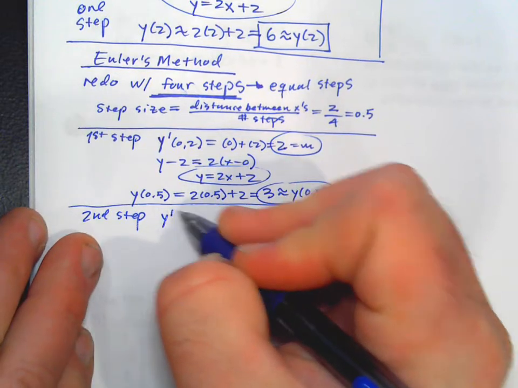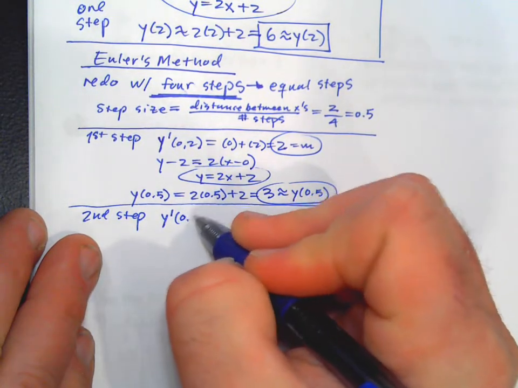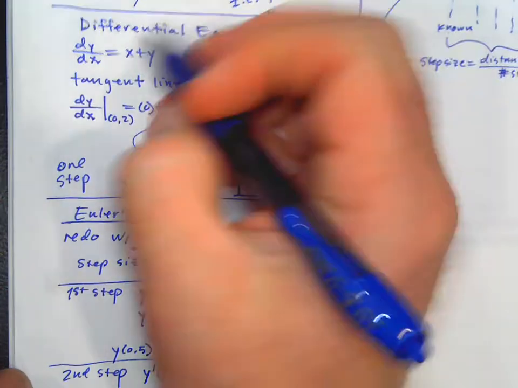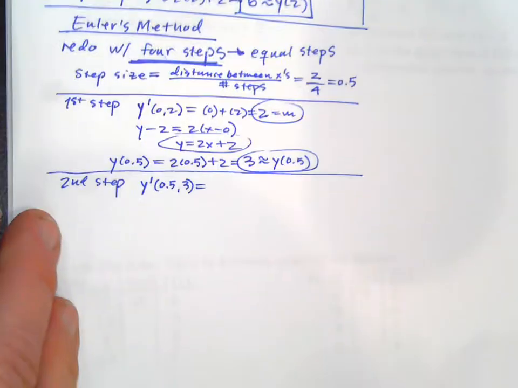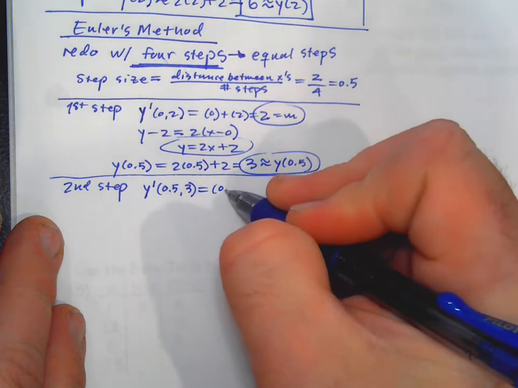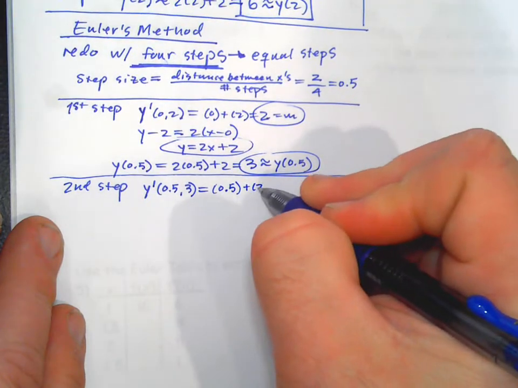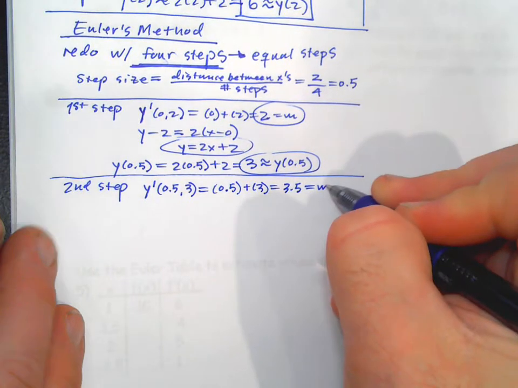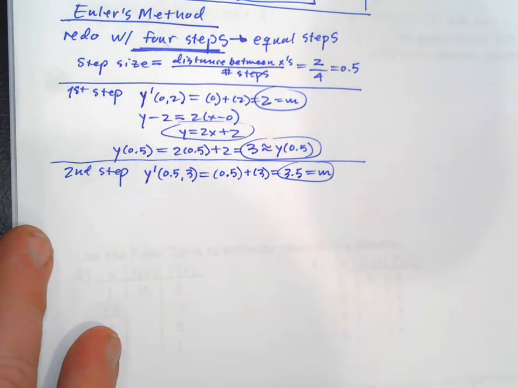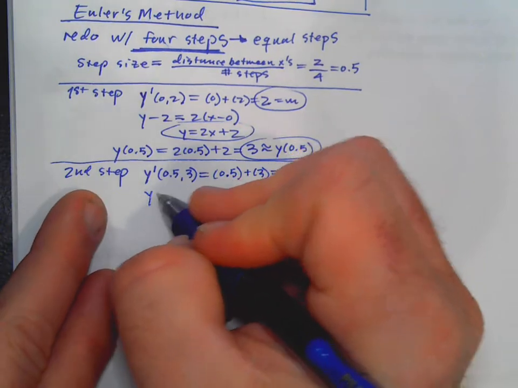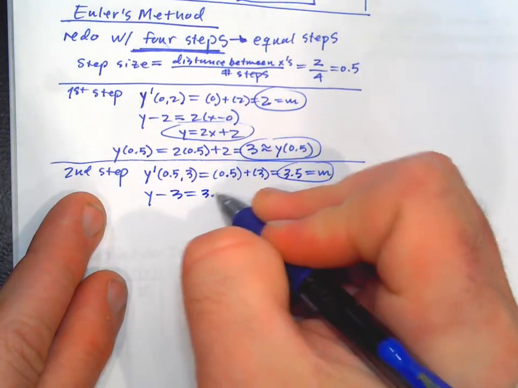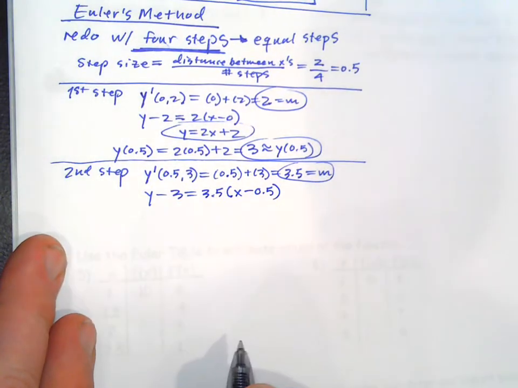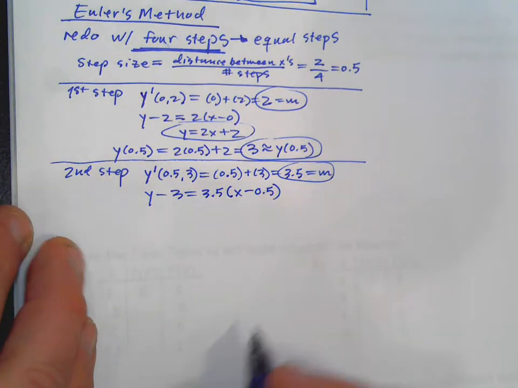So we got to do y prime again, but using this new point, 0.5 comma 3, using the same derivative we started with. We're doing it with this differential equation still. So it's x plus y. And so we get 3.5 for the slope of the tangent line. Then we write point slope form, y minus 3 equals 3.5 times x minus 0.5. And then we could change it to slope intercept form.